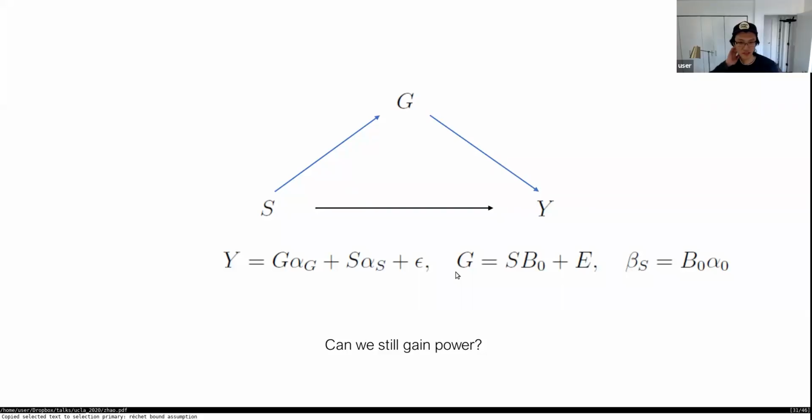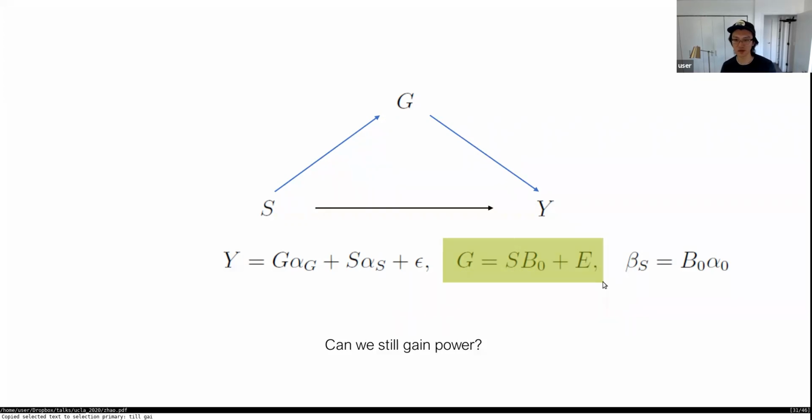Right. The reason is because we were so interested in gaining power, we wanted to use this extra information somehow. Our model says this extra information is related to the information we already have via this. So if we wanted to use G, basically we want to use this boxed equation somehow.